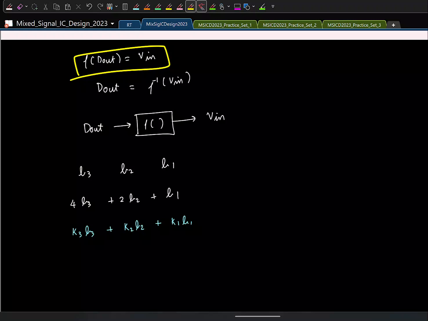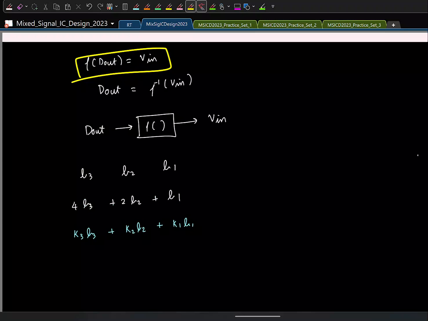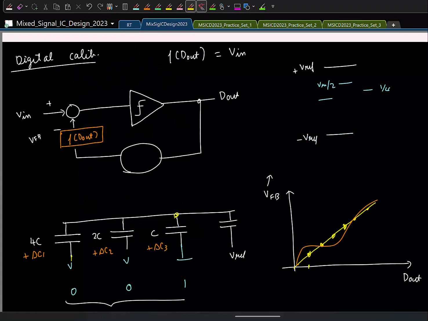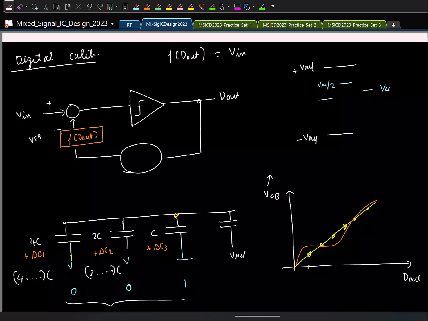Yeah, the nonlinearity here is coming because if you think about it, the capacitors are all, let us say this is, instead of 4C, it is some 4 point something times C. This is 2 point something times C. So instead of reconstructing as 4 plus 2 plus 1, you should be reconstructing like this. That's all.